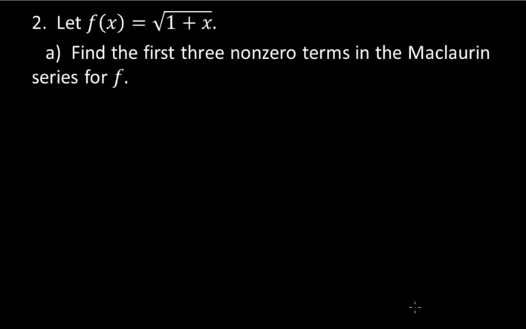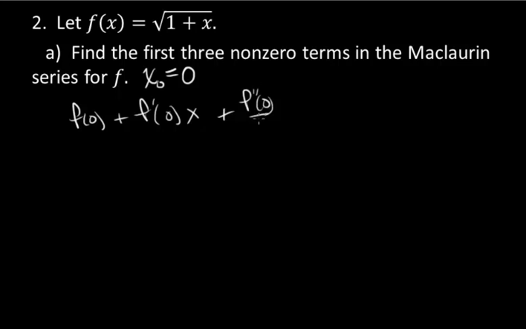Number 2 is a question very similar to the one that we just did. It says find the first 3 non-zero terms in the Maclaurin series. So in other words, we're centering at x naught equals 0, and our first few terms are f of 0 plus f prime of 0 times x plus f double prime of 0 over 2 factorial times x squared plus, and I'll go out to the third here, we may not need it, x cubed.